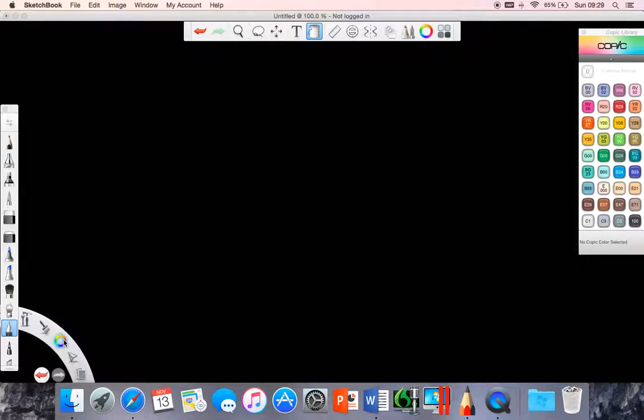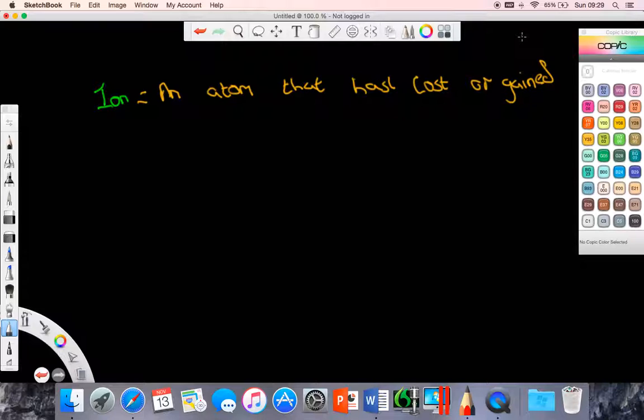Okay, so if we think of an ion, this can be our first keyword, an ion. An ion can be defined as an atom that has lost or gained electrons.